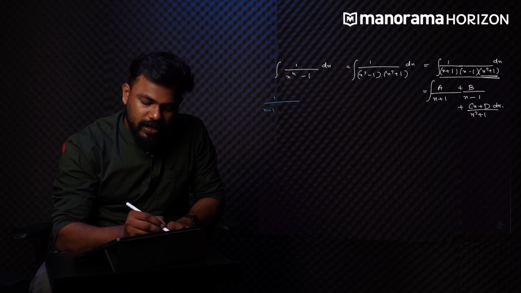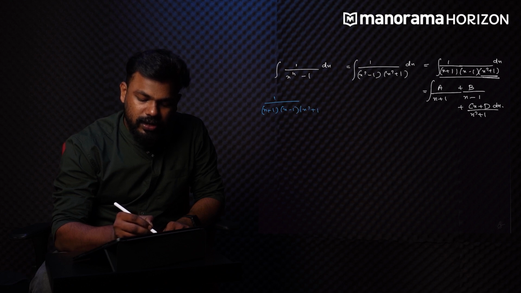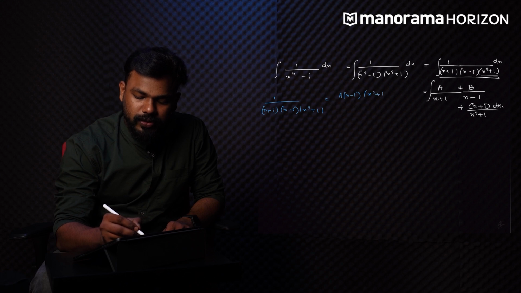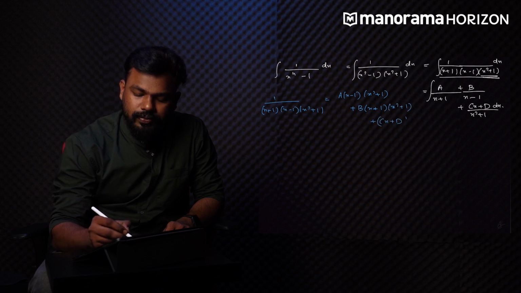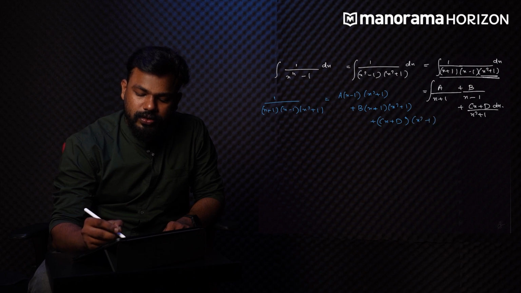1 is equal to a into x minus 1 into x square plus 1, the LCM, plus b into x plus 1 into x square plus 1 plus cx plus d into x square minus 1. So these are the different things that I get here.